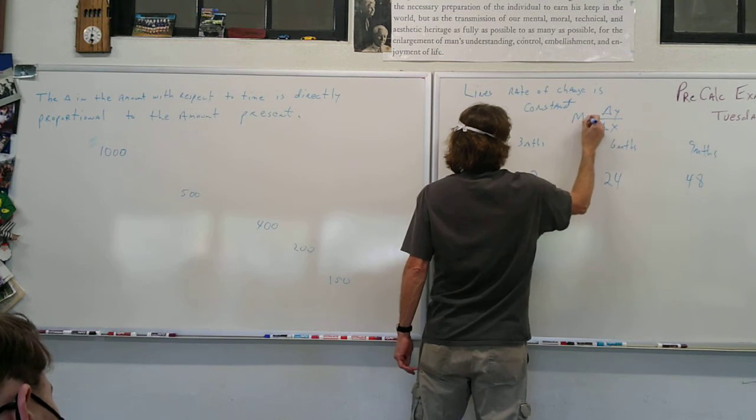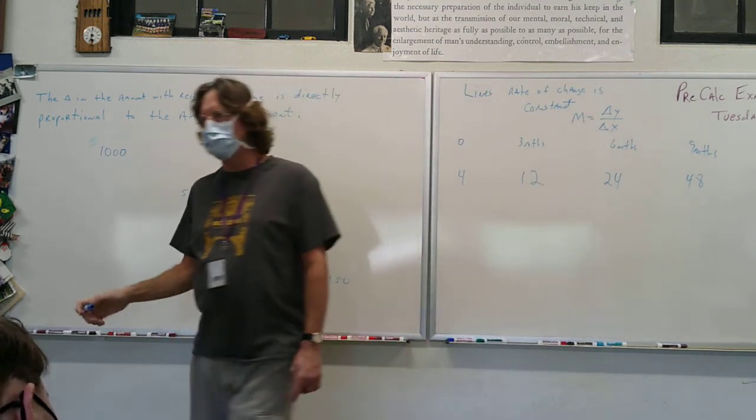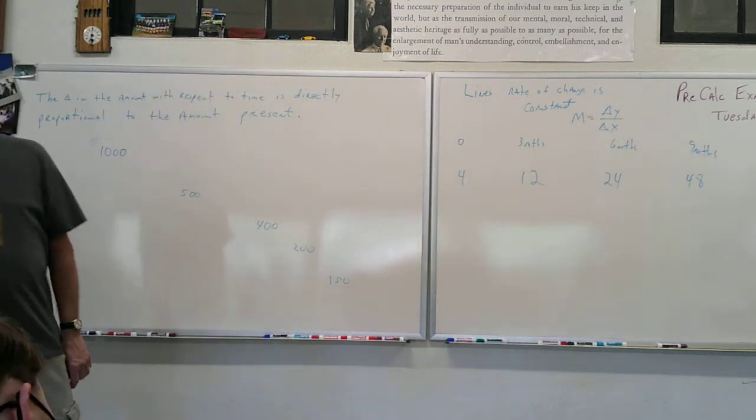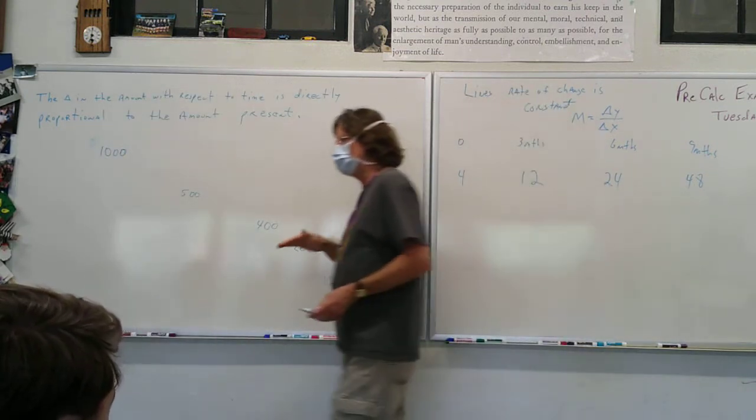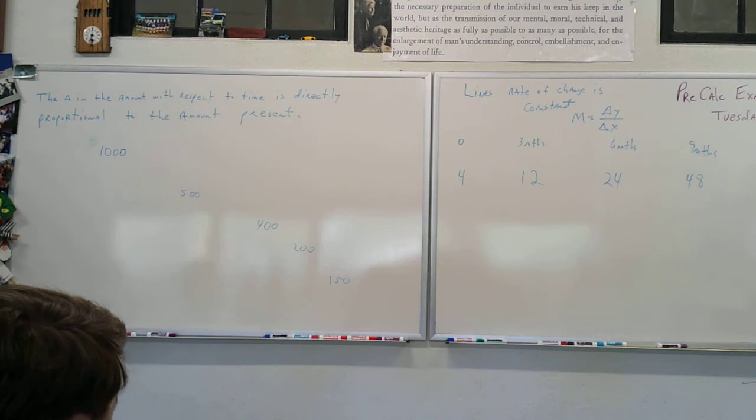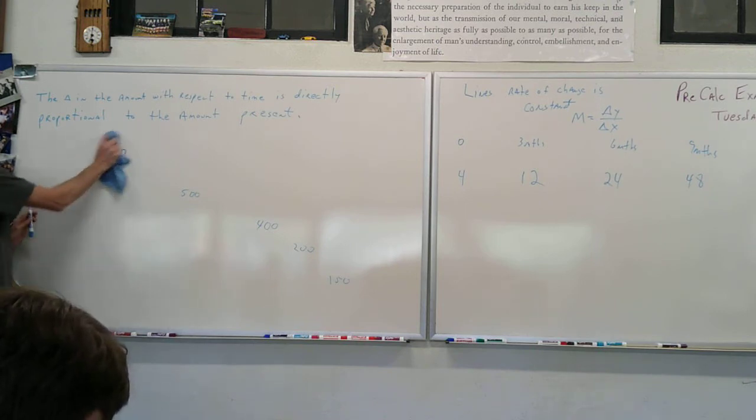The slope is what? Constant. Well, what we're going to do now is we're looking at changes that are not constant. The changes are based on how much is there at the moment. Now, so you got an idea of what we're talking about, and you've read it in English. The change in the amount with respect to time is directly proportional to the amount present.